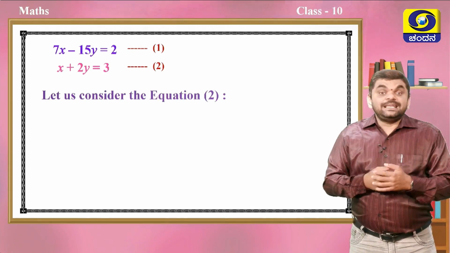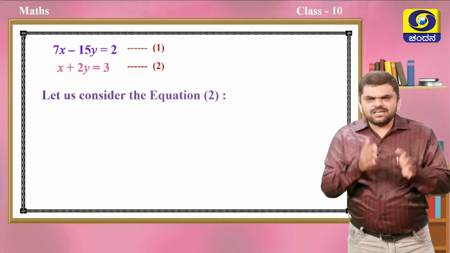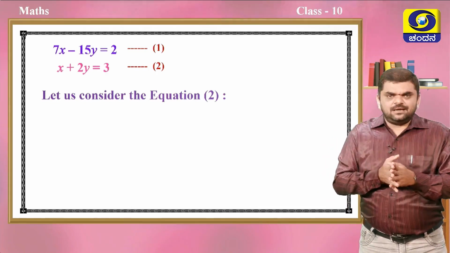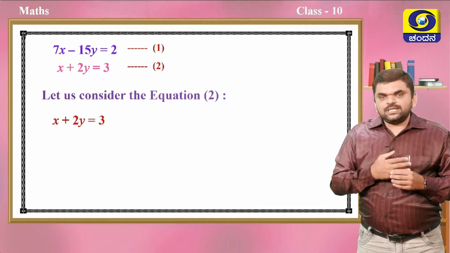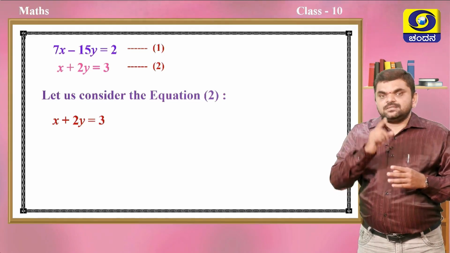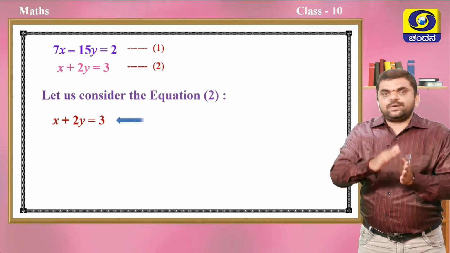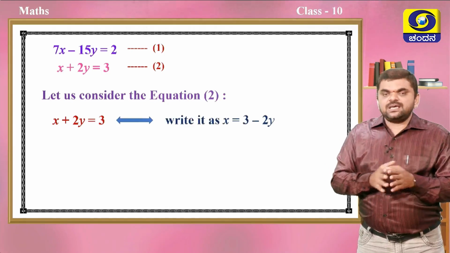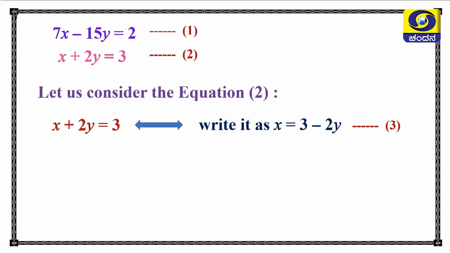Now let us consider equation 2 because it is looking so easy. So what is the value of x here? Just transfer 2y to the right side, which means x is equal to 3 minus 2y. Let us consider this as equation number 3.